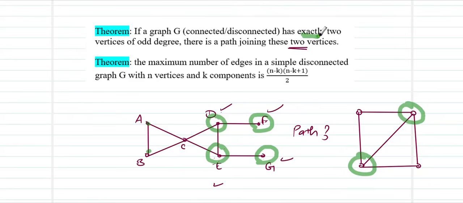So, it has exactly 2 vertices of odd degree. And are you able to find a path joining these two vertices? Yes, we can travel from A, B, C, D. I can move from B, I can go to C, I can go to D. This is going to be a path. I can directly move from B to D. This is a path.